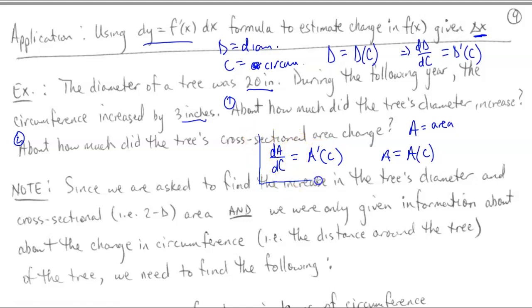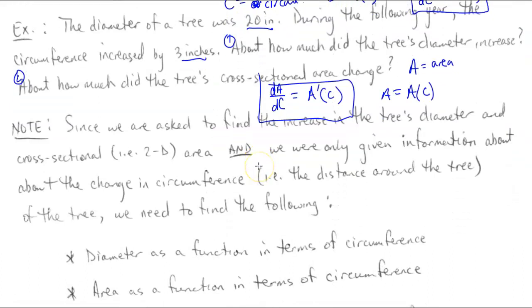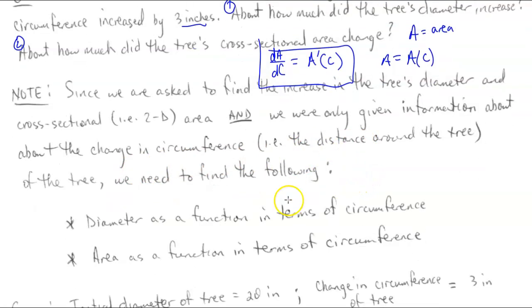Because once we have this for question 2 and this for question 1, it is just a matter of multiplying both sides of this equation by dC, or here, dC as well, and we can just plug in what we need to, okay? All right, so this note that's here, since we're asked to find the increase in the tree's diameter and cross-sectional area, and we were only given information about the change in circumference, then, as I said before, we have to find diameter as a function of circumference and area as a function of circumference.